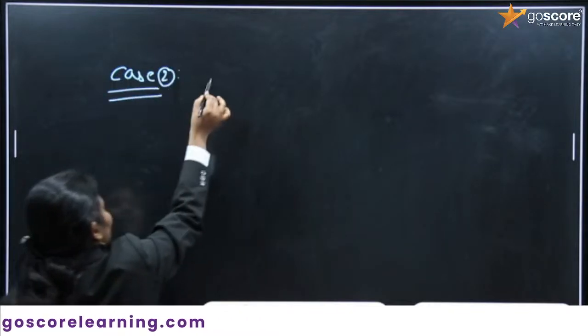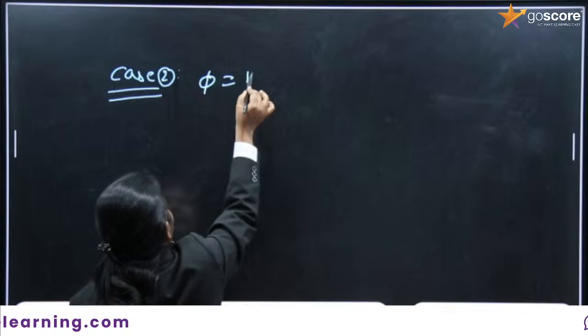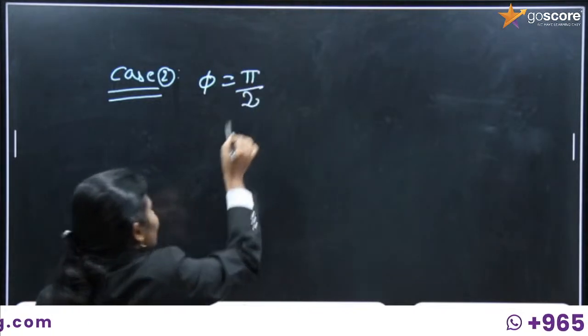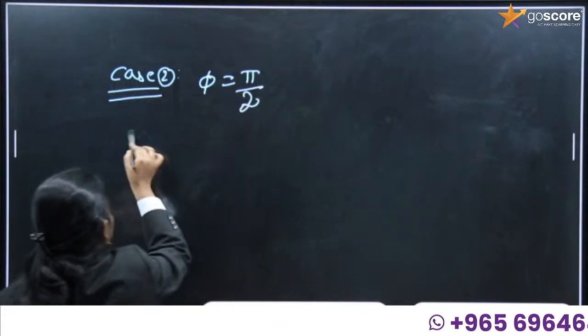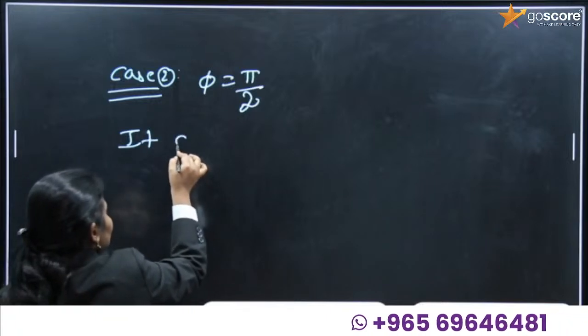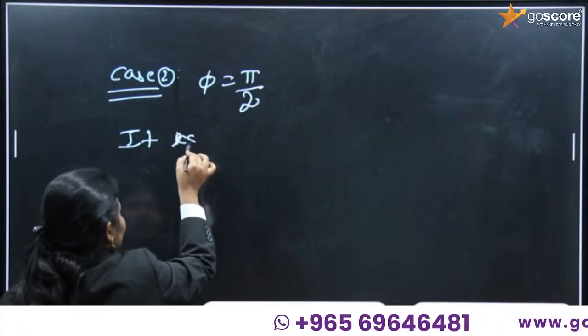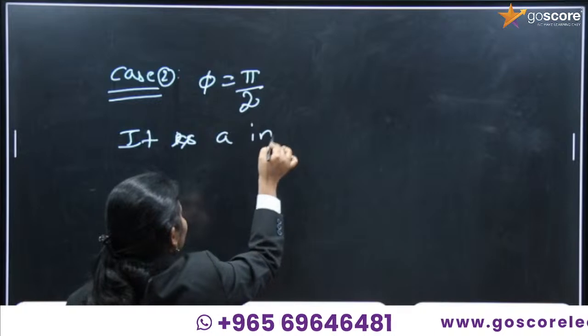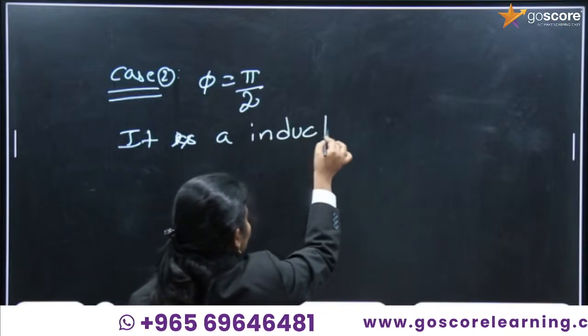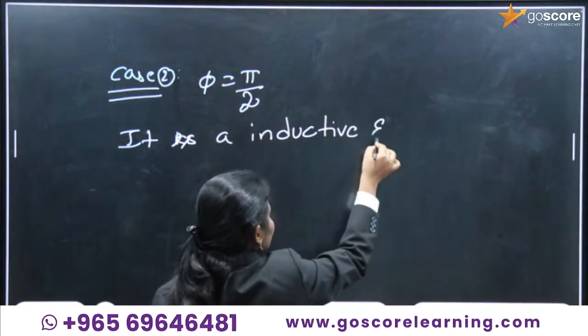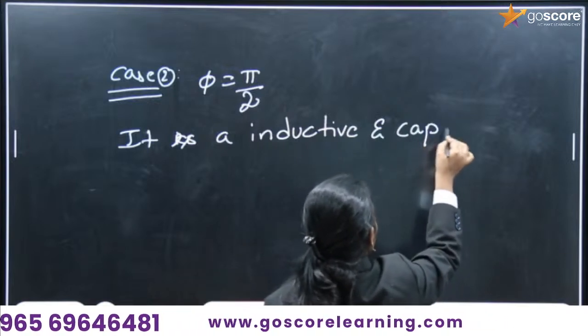Case 2, phi is equal to pi by 2. It is an inductive and capacitive circuit.